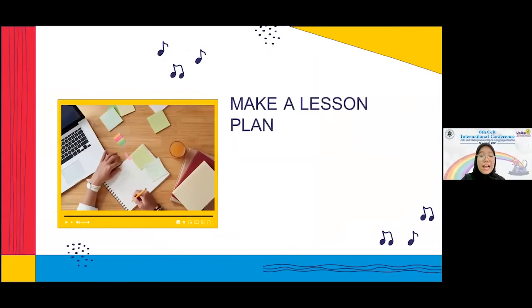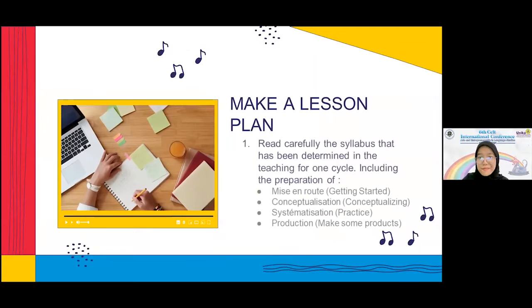The first one, I had to make a lesson plan. First of all, read carefully the syllabus that has been determined for one teaching cycle.